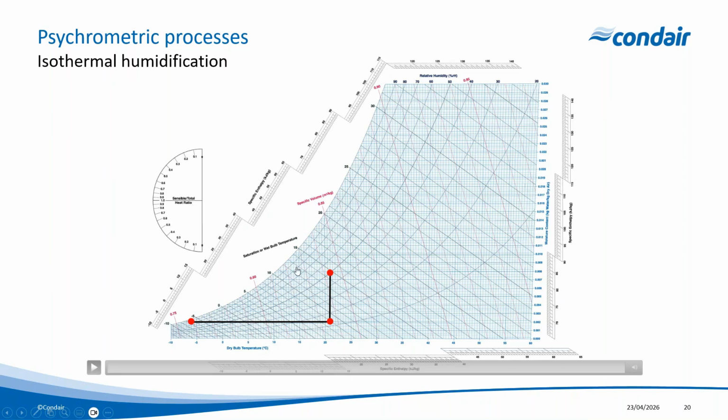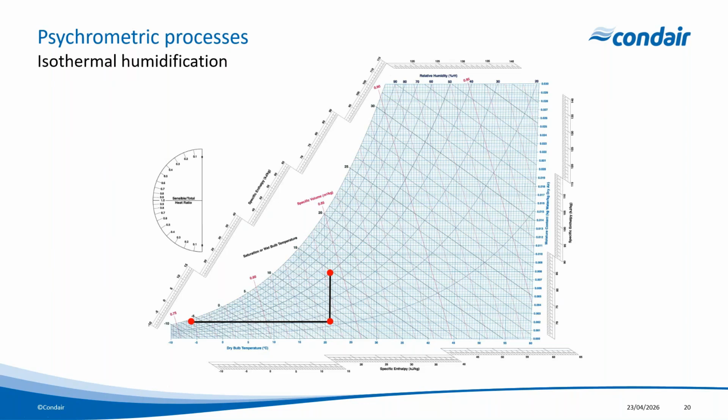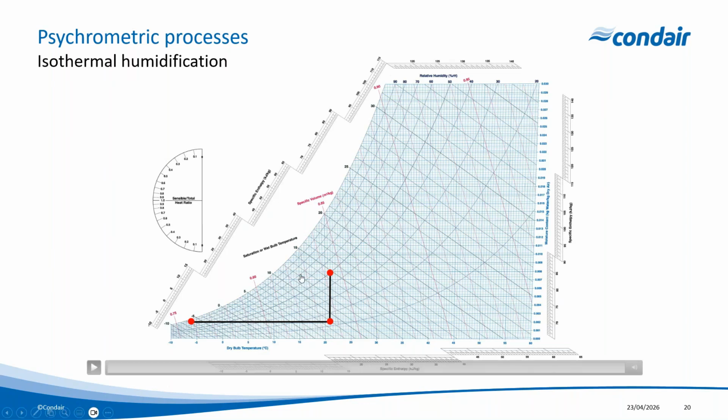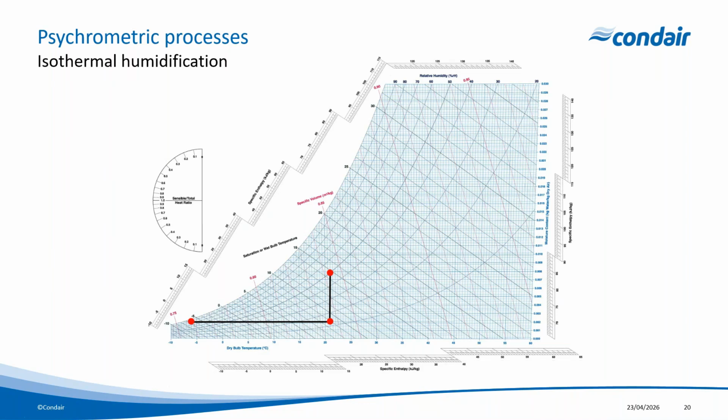That is because only a very small change in temperature would cause wetting out through any cold bridging or cold surfaces. So it's critical that we know what the condition is going to be, because this will also affect the steam absorption distance. The colder the areas that we're putting the steam into, the longer that steam absorption distance is going to be. So we need to look at these things holistically.